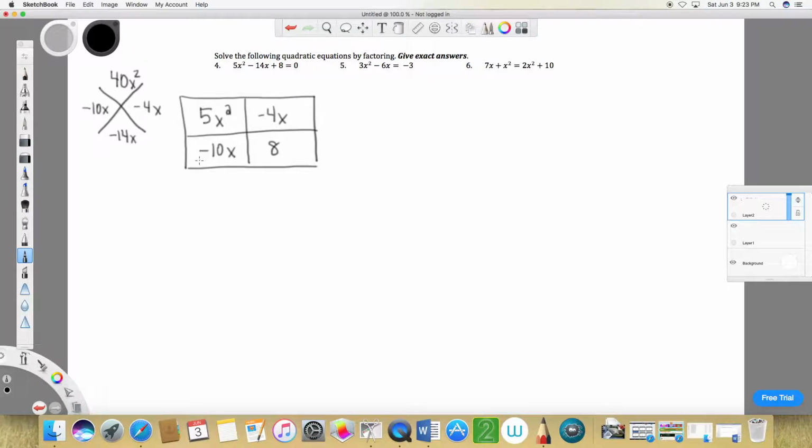We notice this diagonal both has negative numbers, so when we factor out here, it's going to be negative. So let's pull out a negative 2 here, a negative 4 here, an x there, and a 5x here. So that allows us to rewrite this trinomial as a product of two binomials.